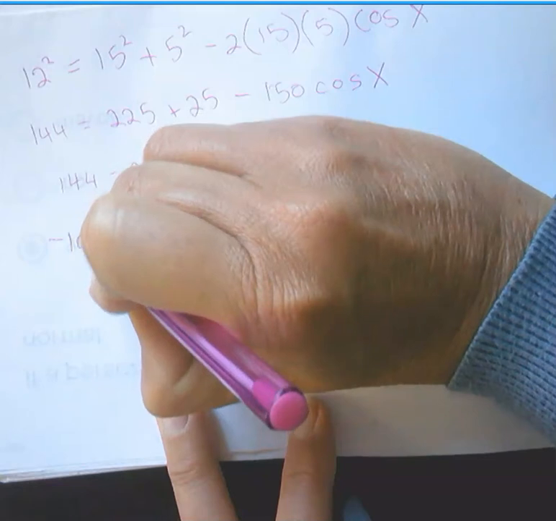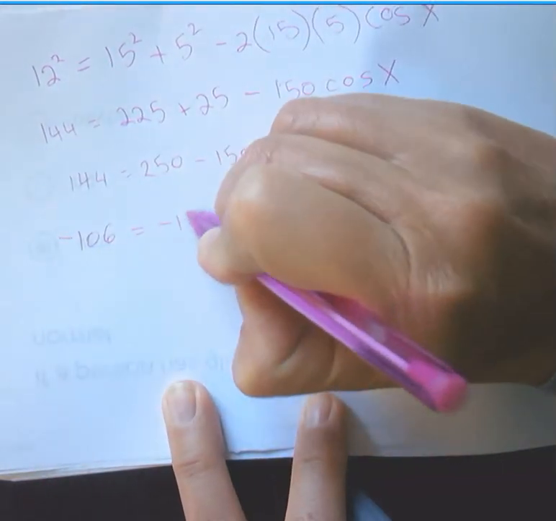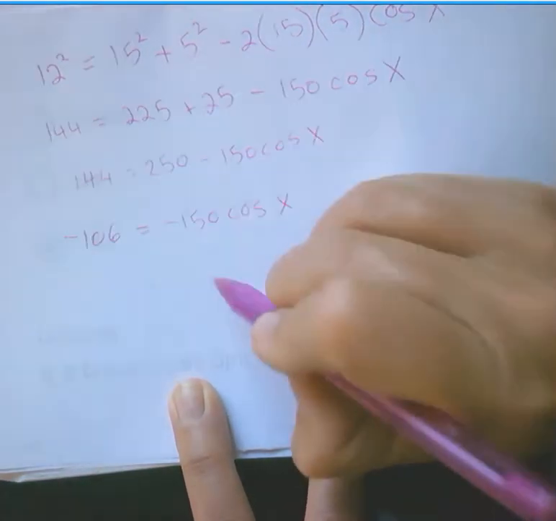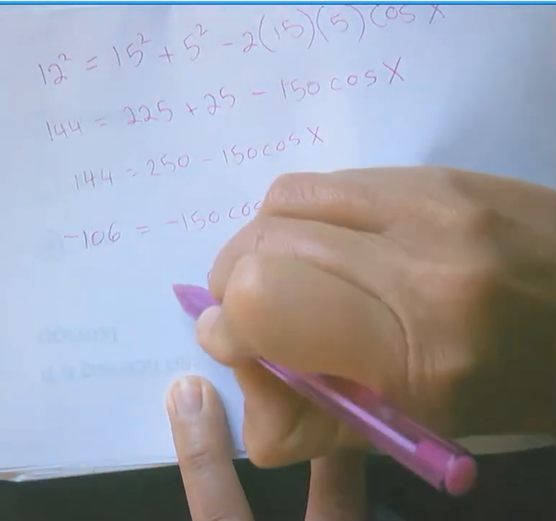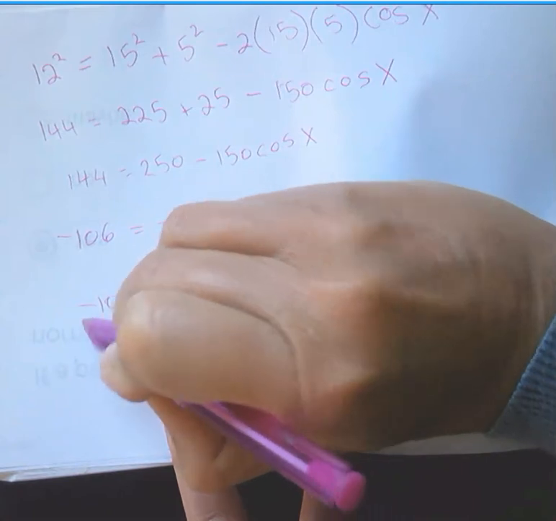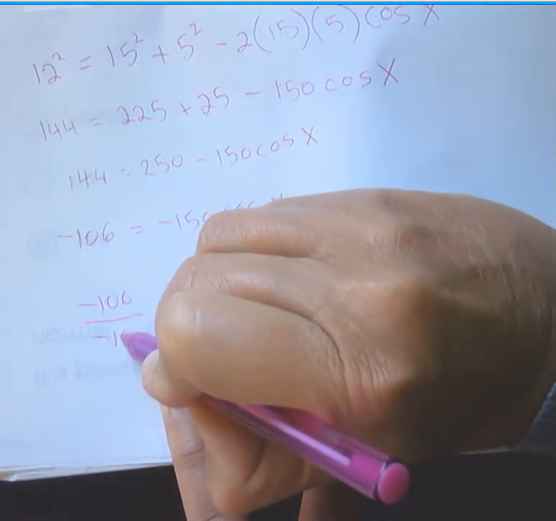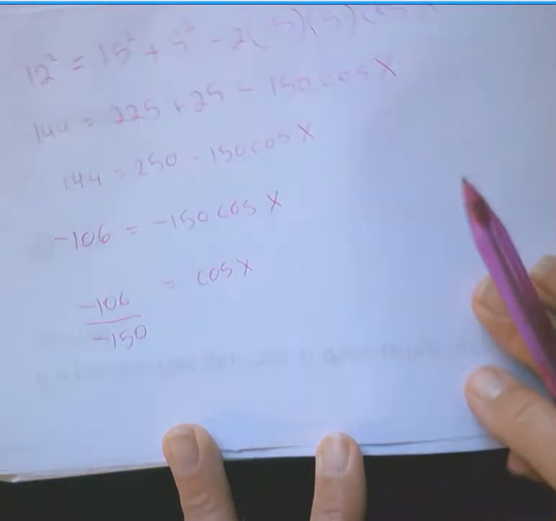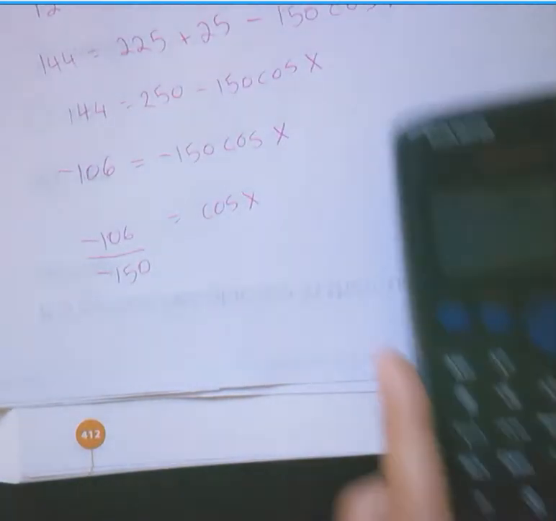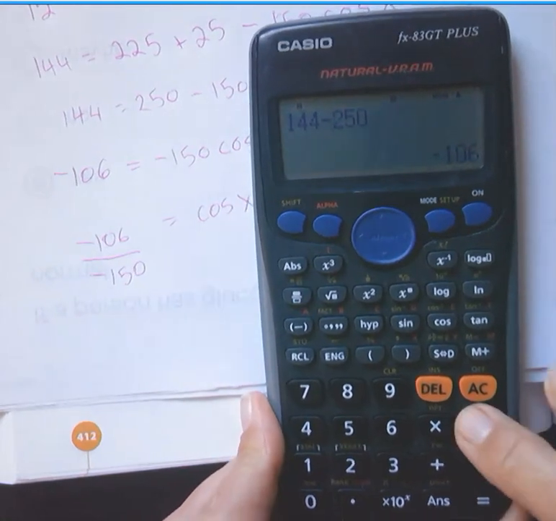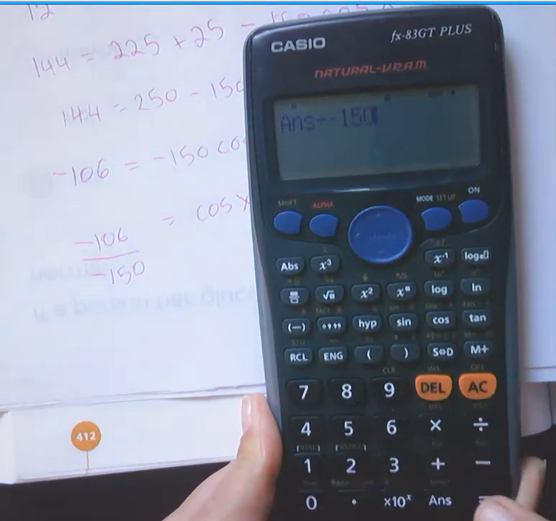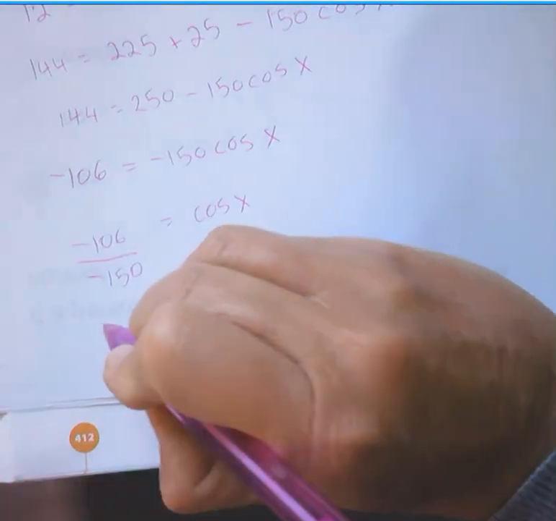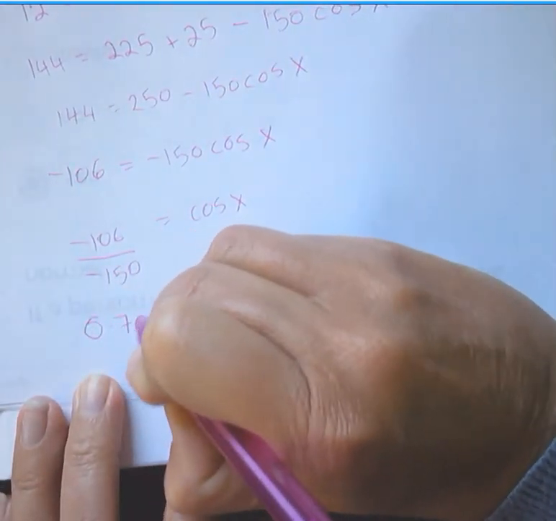So minus 106 is equal to minus 150 cos x. I want the cos x on its own, so cos x is equal to minus 106 divided by minus 150. You do not change the sign of the minus 150 because you are dividing when you bring it across. When you divide minus 106 by minus 150, the two minuses cancel and you get plus 0.706.